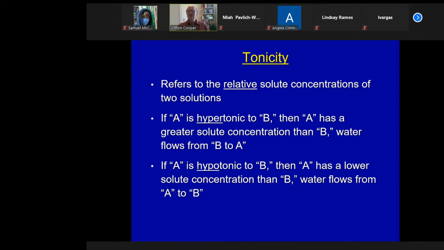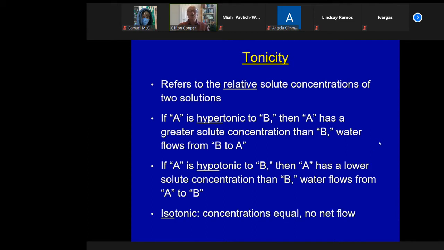So that's what hypo is referring to, something being lower than normal. So the side that has less solutes, that is hypotonic, gives up water to the other side, which then is hypertonic. This is always a comparison. It doesn't mean anything unless you're completing the comparison.